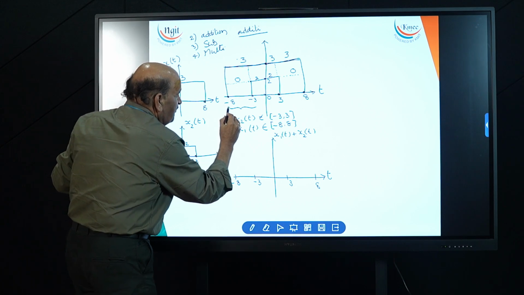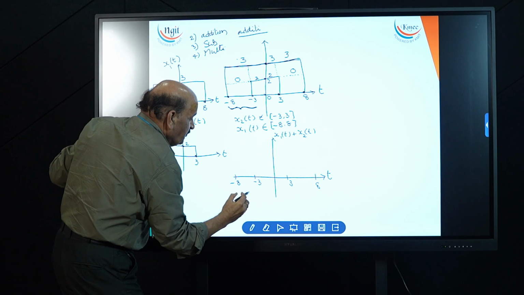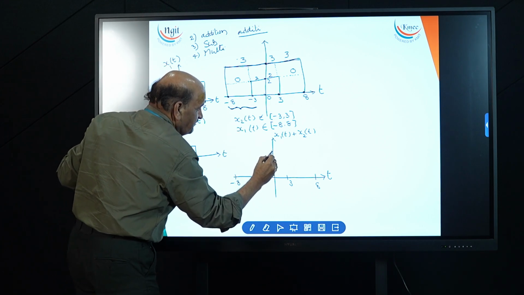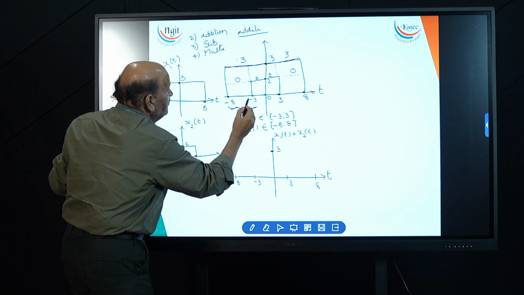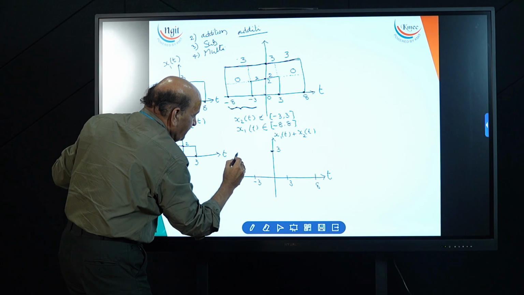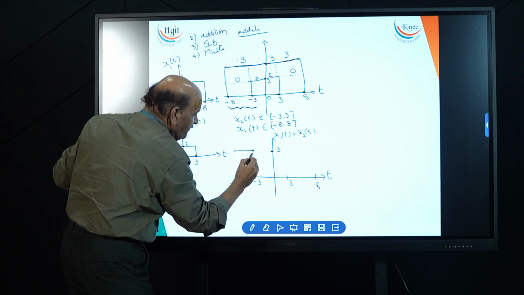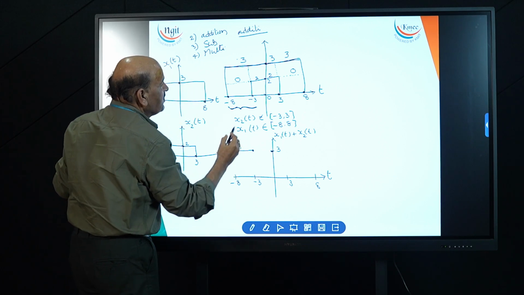In which period? From -8 to -3, adding these 2 signals. So, from -8 to -3, how much? This is, for example, 3. Now, up to this level, the amplitude is equal to 3. That means from -8 to -3, the amplitude equal to 3.